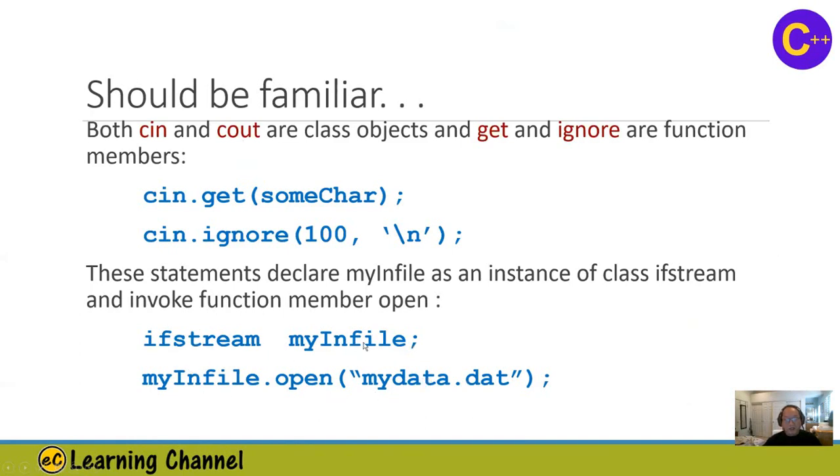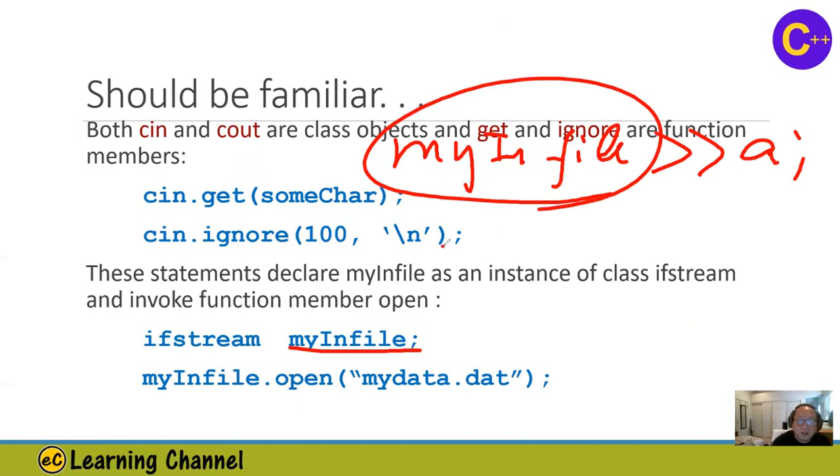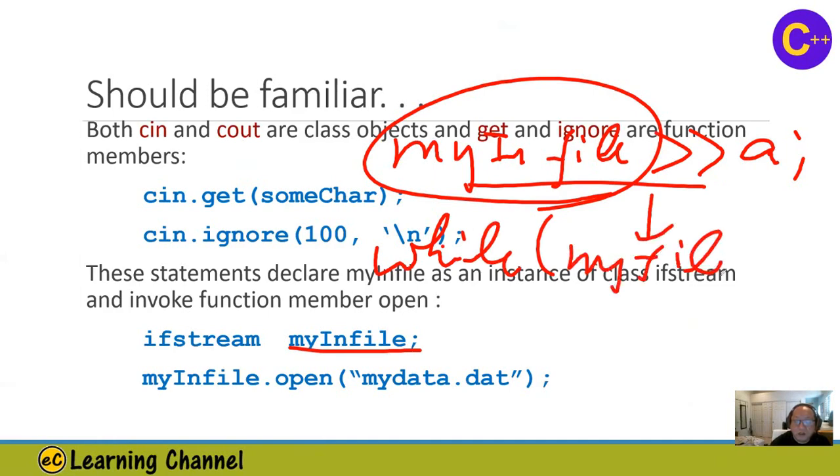Remember that with myinfile itself, if you do indirection using the file input or output like this, you can check by putting this whole statement in a while loop, or just use myfile in a separate command to check if the file has reached the end of the file or not.